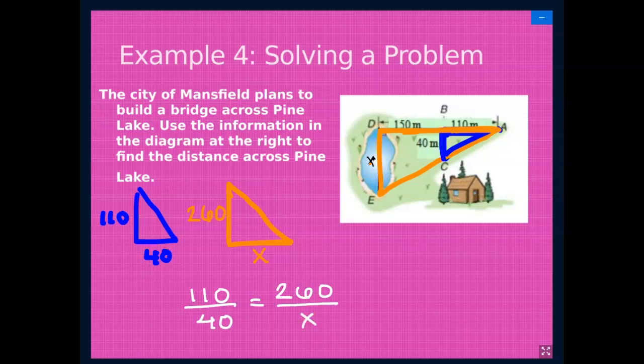Does anybody remember what the method is called that we use to solve this? Perfect. We're going to cross multiply. So what that means is you're going to take 110 and multiply it by x and set it equal to 260 times 40.